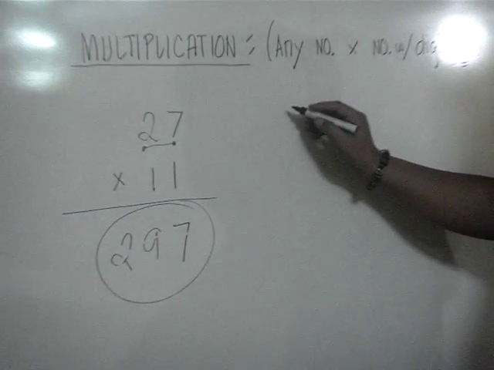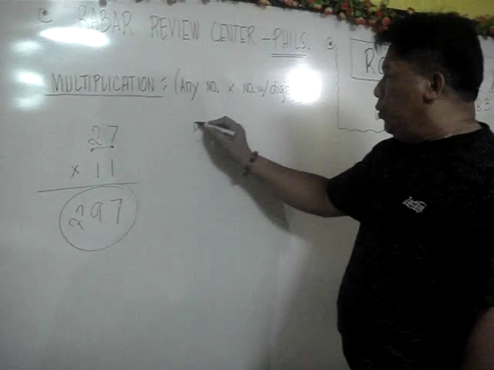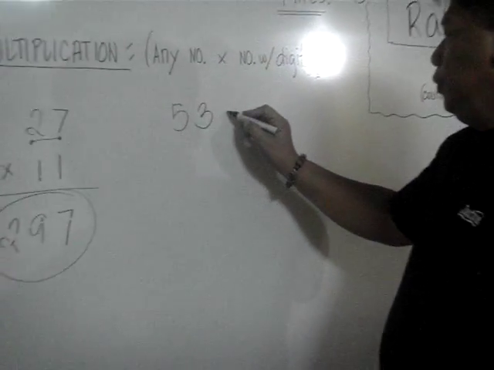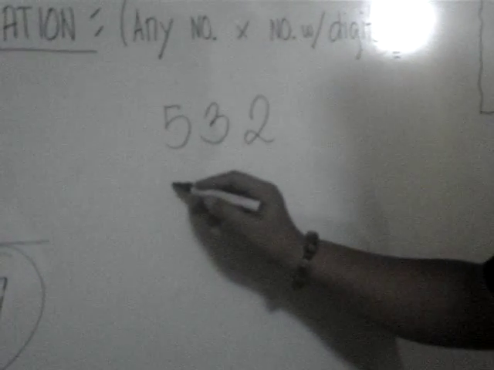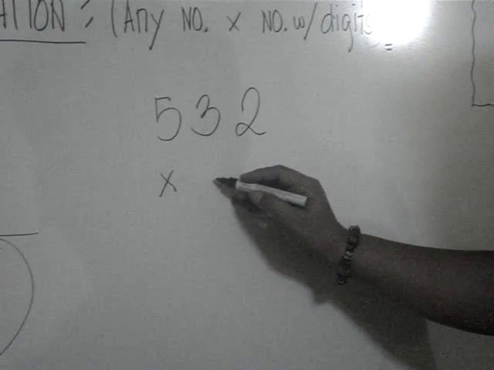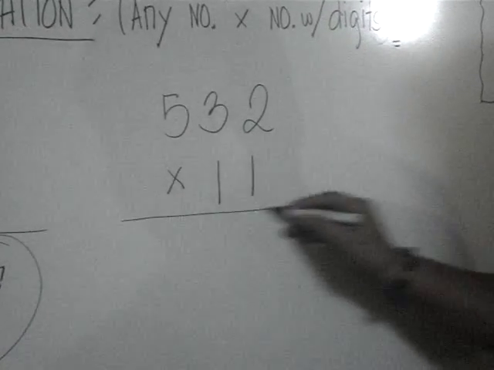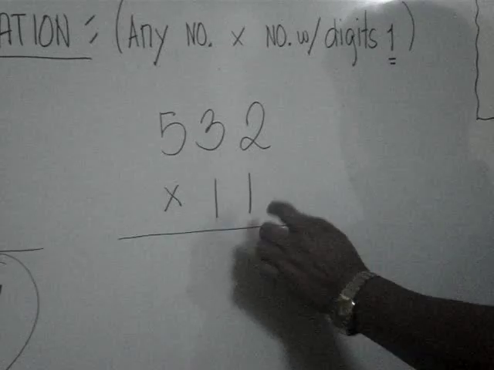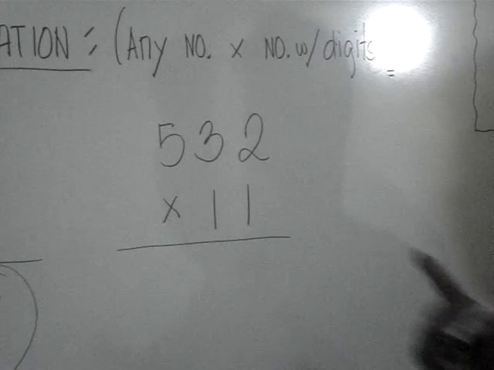Another example. For example, if you have 532 multiplied by 11, the same multiplier with two 1s.